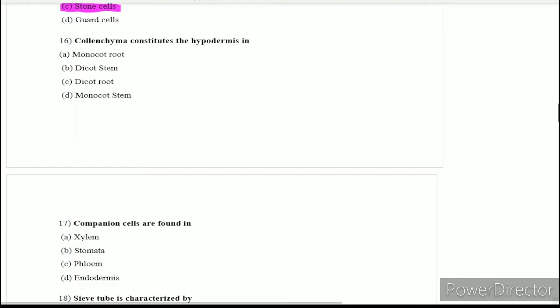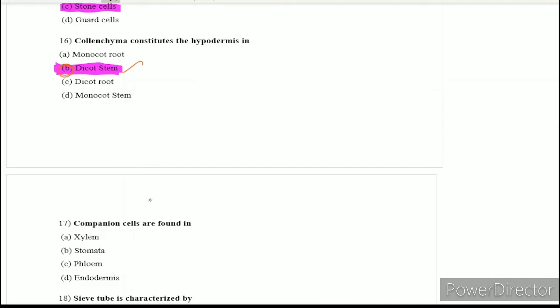And option D, monocot stem. So the correct answer for this question is dicot stem. In dicot stem, below the epidermis, we can see some collenchymal cells, and that is called the hypodermis. So this is the correct answer, option B.